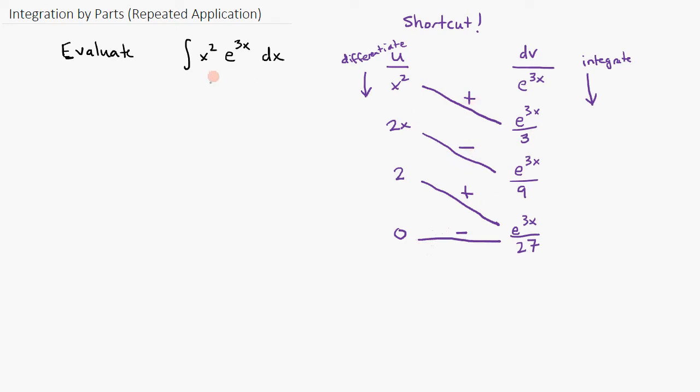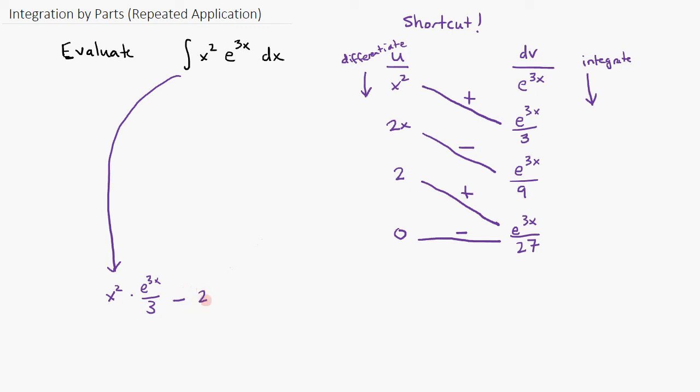So let's put this together. So the first u times v would be this times this. The second u times v would be this times this, then minus sign.